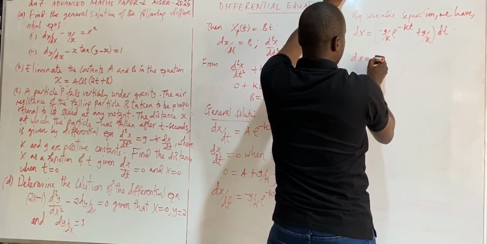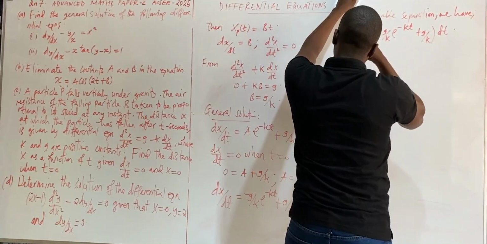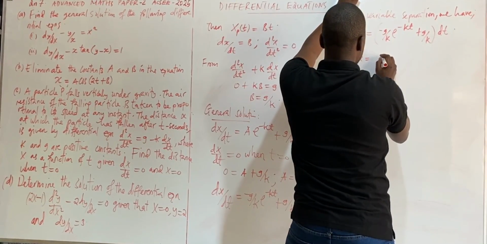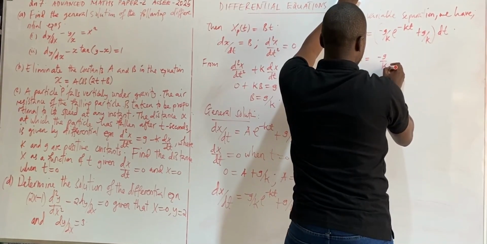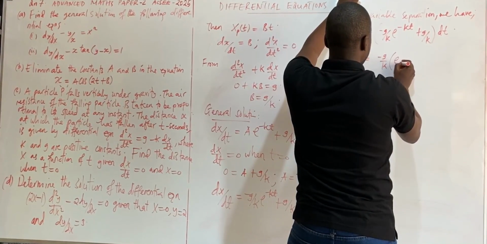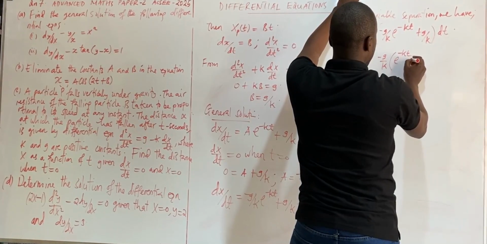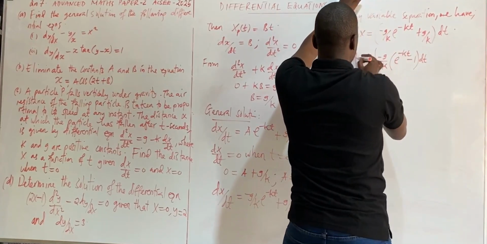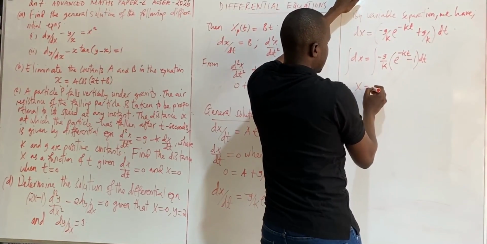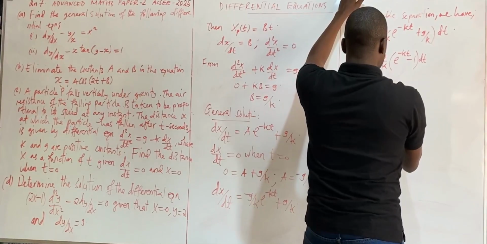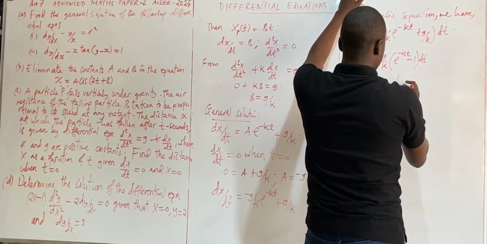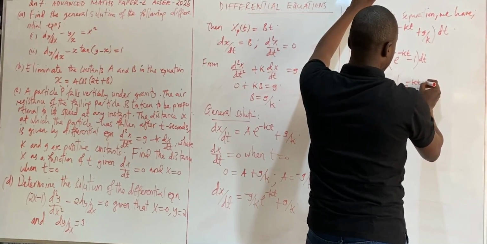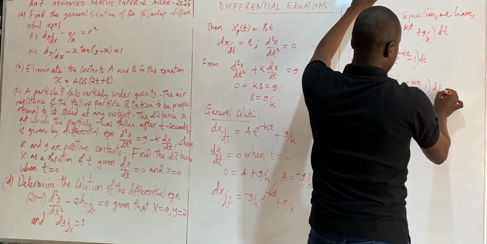So dx here, if we factor out negative g over k, inside becomes e negative kt minus 1. Then dt, we go for integration. So we get x equals this negative g over k outside. Now we integrate e negative kt minus 1 here, dt.